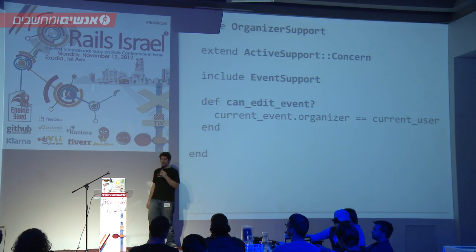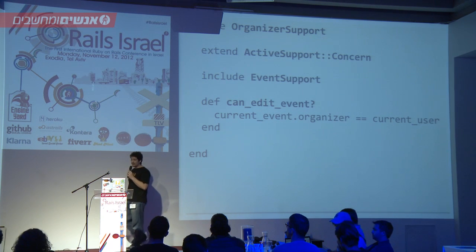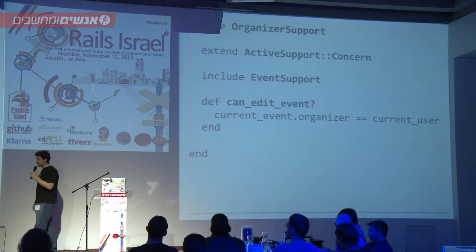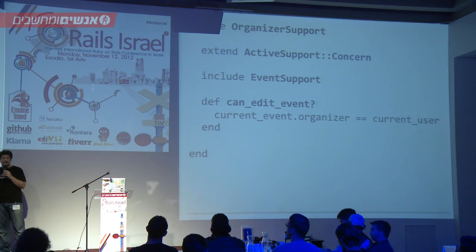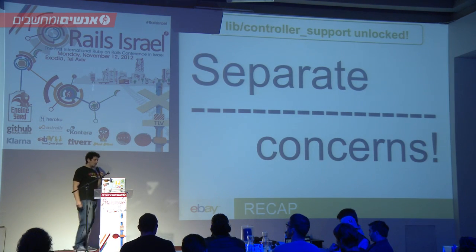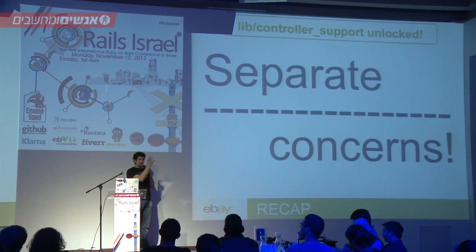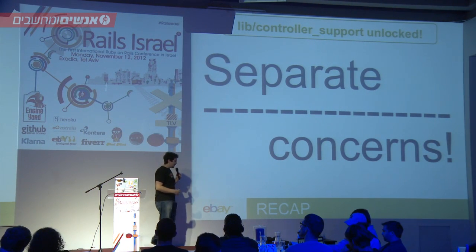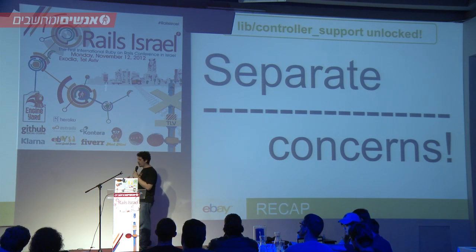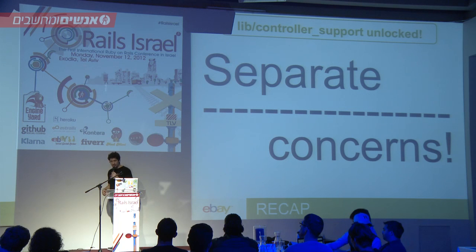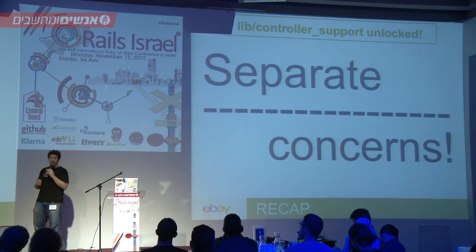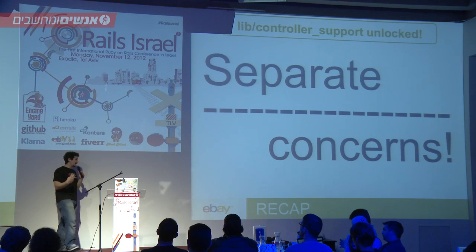Plus, we also get the dependency out of the box, which is really important once you start slicing and dicing your controller actions into different mixins. So we found that mixins or concerns, or whatever you want to call them, are the best way for us to move code from our controller that doesn't need to be there into files which have a single specific responsibility: user support, error support, localization support.